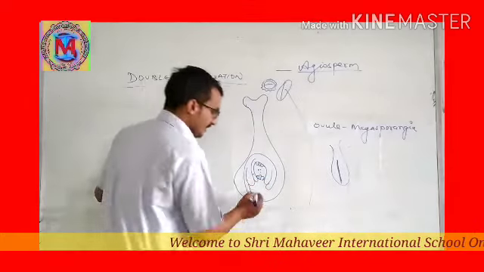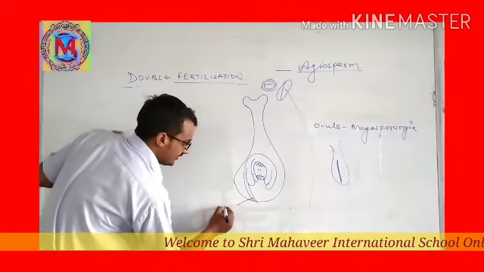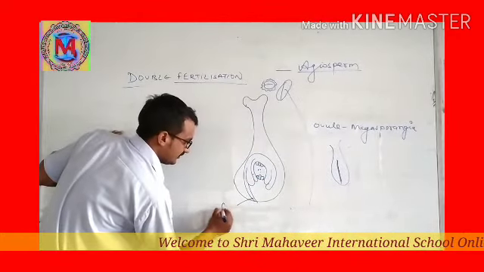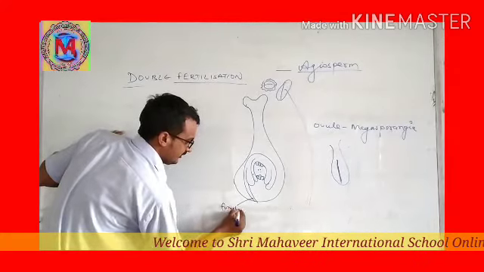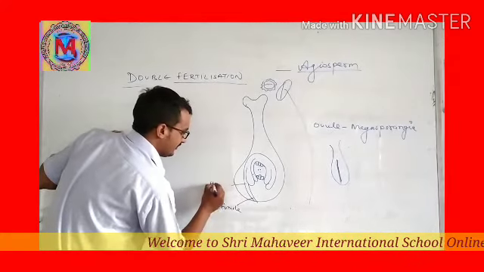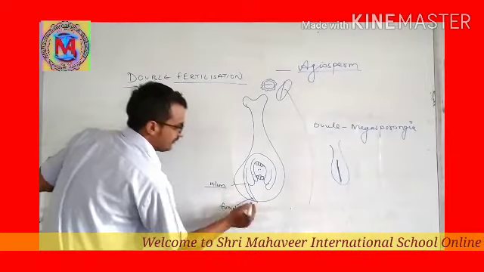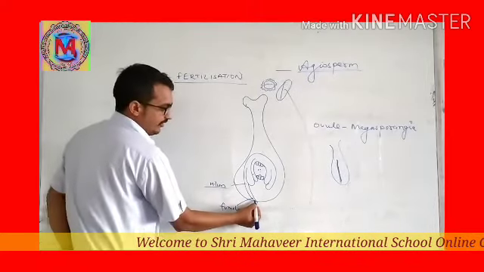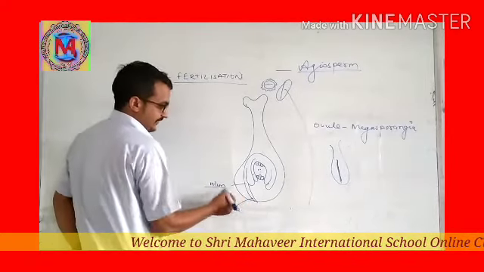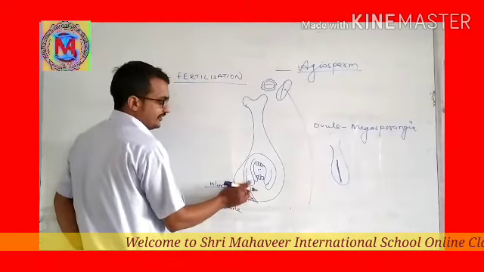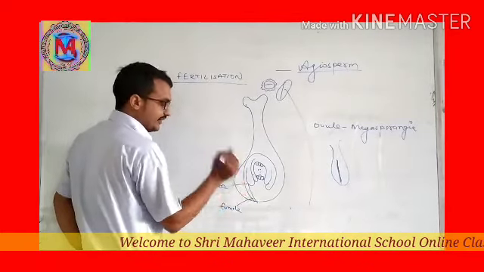Clear? This structure is known as funicle. This structure is known as hilum. Funicle is the part by which an ovule is attached with the ovary. Hilum is the part which attaches the ovule to the funicle.